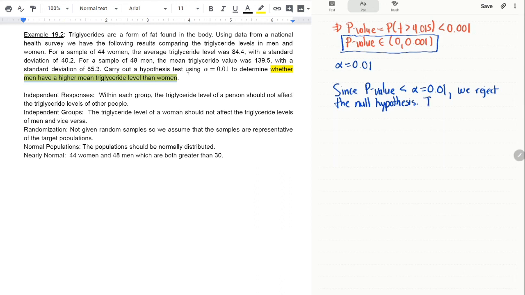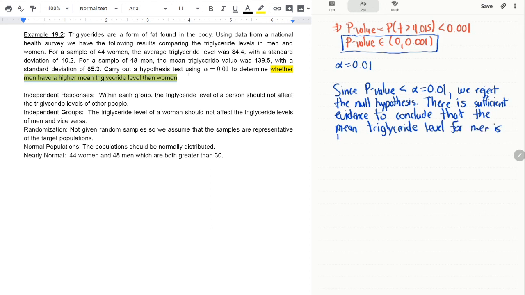So there is sufficient evidence to conclude that the mean triglyceride level for men is higher than the mean triglyceride level for women.